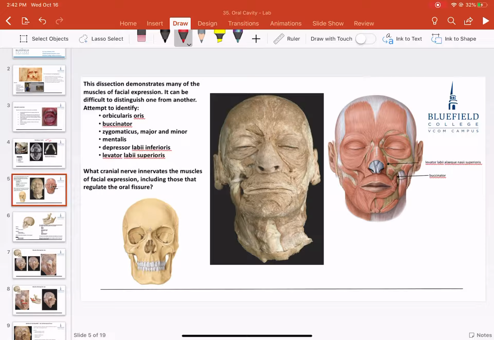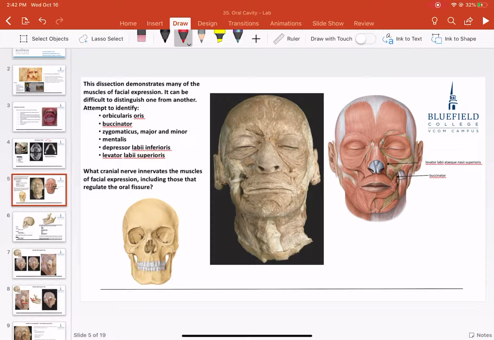This muscle would be the masseter right here. We've taken away the buccal fat pad and then shown that buccinator. There's a zygomaticus muscle, zygomaticus major right here that's pretty prominent.